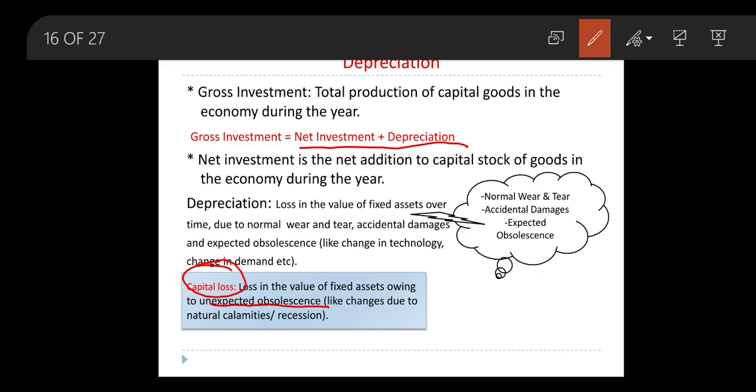It is unpredictable, right? And when this happens, it will cause losses to the value of fixed assets. Such losses are known as capital loss and not depreciation. Depreciation is caused by normal wear and tear, accidental damages, and expected obsolescence, not by unexpected obsolescence. Remember this. All right.